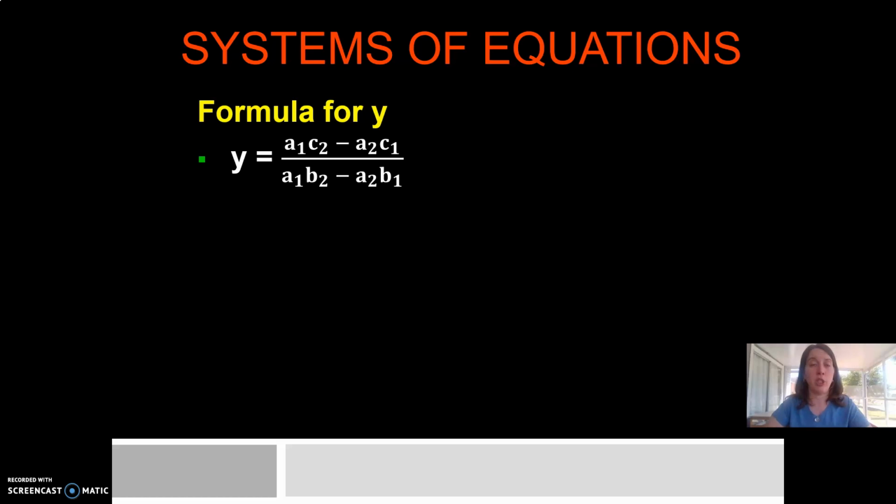The reason we want to do that is for the formulas for x and for y, we want the two denominators to be the same. a1b2 minus a2b1 was the denominator for the x. So all I did was I took the work that we just did on the previous slide and I changed the signs of every single piece that was in the fraction. I'm allowed to do that because technically I'm multiplying the top by -1 and the bottom by -1, so I was consistent with what I did on the entire fraction.